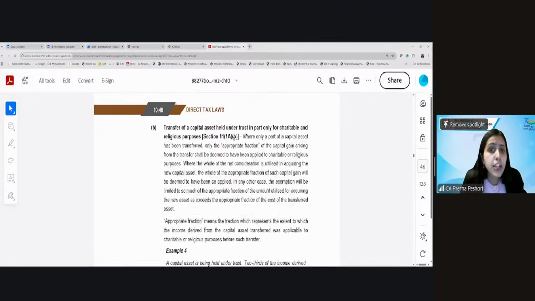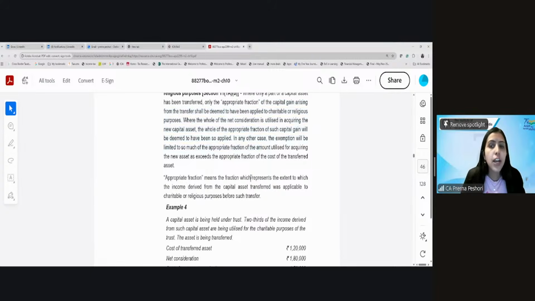If it is partly religious, partly charitable, and only a part of the capital asset has been transferred, then the appropriate fraction of the capital gain would be deemed to be applied. Where the whole of the consideration is utilized, then the fraction of that capital gain will be considered. And when it is part, then the cost of new asset minus cost of old asset, then the fraction of that.